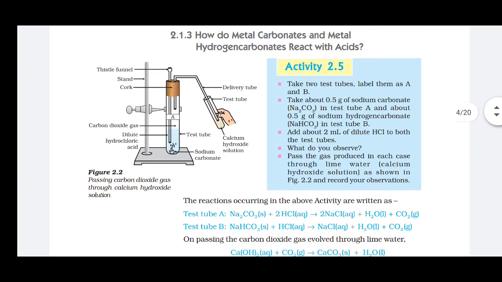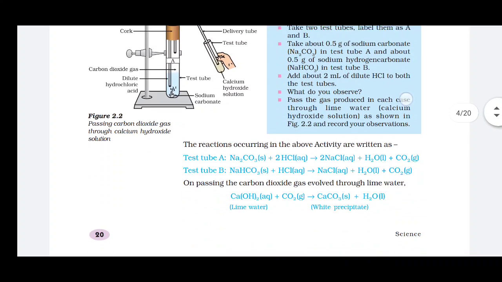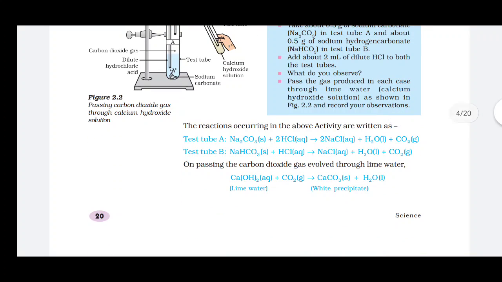Here we are again doing the same experiment, but instead of the delivery tube connected to a soap solution, we have connected the delivery tube to a test tube filled with calcium hydroxide solution to check the presence of CO2. Dilute HCl is present inside the test tube. You have to take 2 test tubes.